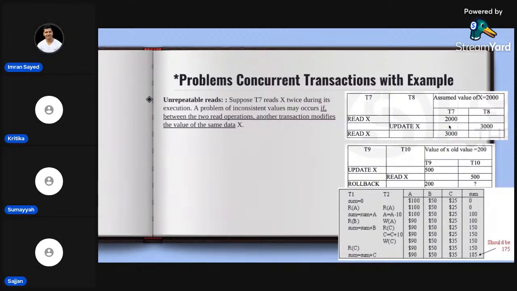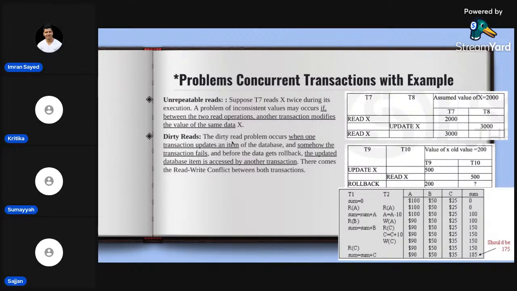So again, there is an inconsistency. If one transaction reads the value of the same data twice while it's being updated by another transaction, then an inconsistency occurs. If between two read operations another transaction modifies the value of the same data, that's unrepeatable reads. So there's a problem here.